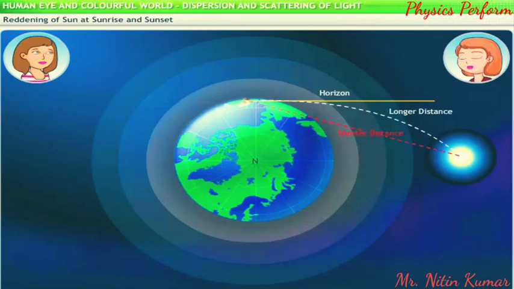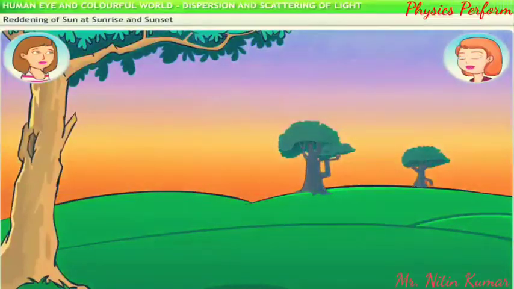Therefore, more of the light is scattered. As less direct sunlight reaches you, the sun appears less bright. The color of the sun itself appears to change, first to orange and then to red.